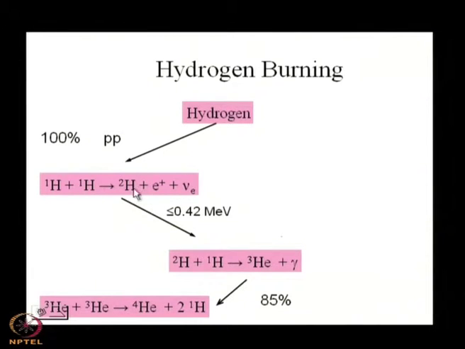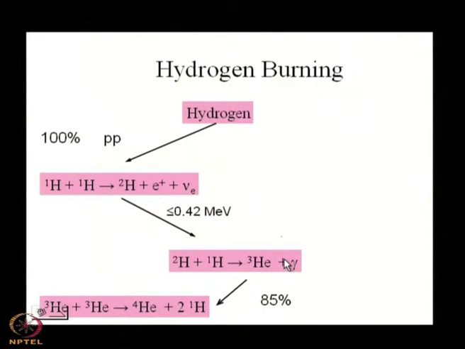So, this deuteron nucleus again collides with another proton, and as a consequence of this reaction an isotope of helium, helium 3, is produced, not the lowest energy one but an isotope with a higher energy, and there is a photon also produced in this reaction. Okay. So, some more energy is released in this reaction, and the energy in the photon is transferred to the material inside.